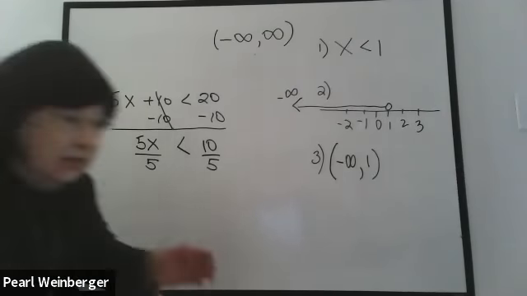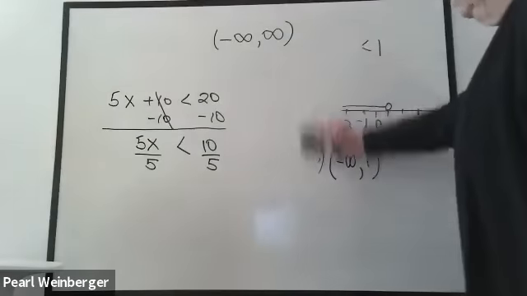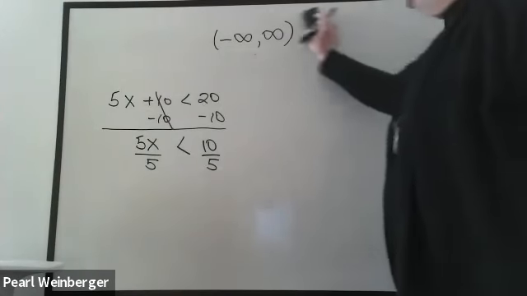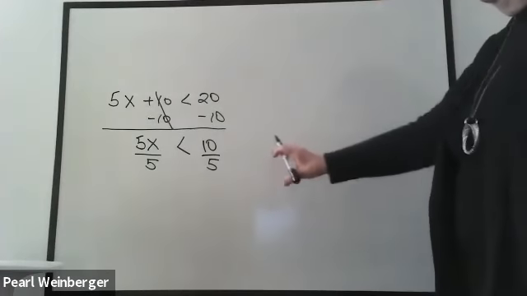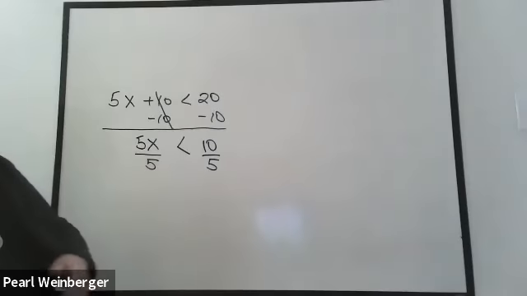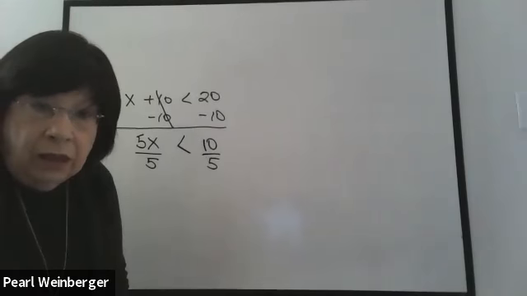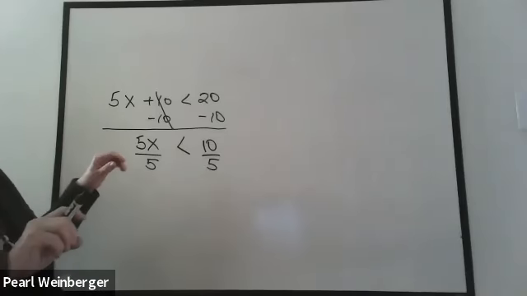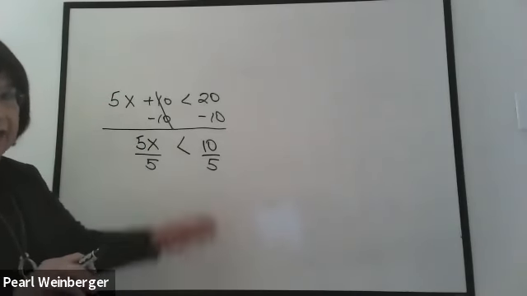And the reason is because this never really came up in an equation, because there's only one symbol for an equation, an equal sign. But with inequalities, there are 4 symbols, so we have to be careful. We basically keep the symbol the same unless we are dividing by a negative number.